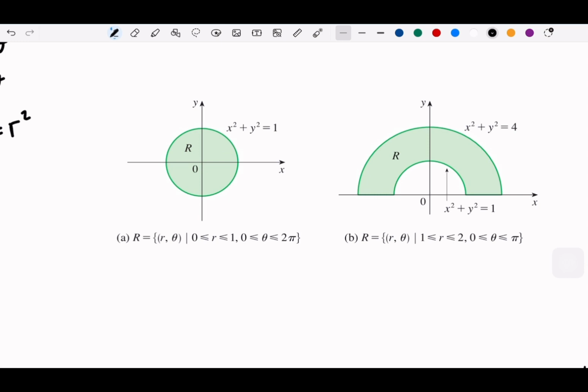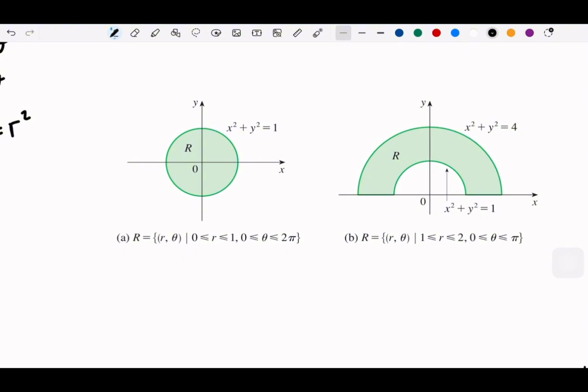Based on polar, which we learned early in the semester, we have only two components, the radius and the angle. If we see this, I believe the radius is 1. It's pretty clear. And since it's all solid, it moves around all the rotations, from 0 to 2 pi, so the full circle. So we can say 0 to 1 for the radius and 0 to 2 pi for theta.